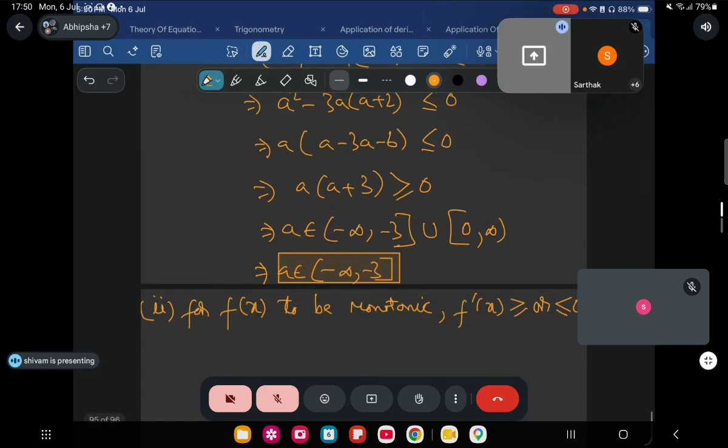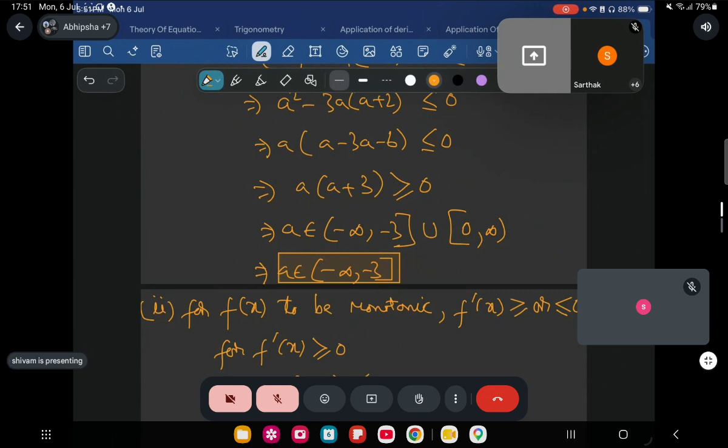For f dash x less than or equal to 0, we have already got minus infinity comma minus 3. For f dash x to be greater than or equal to 0, a into a plus 3 must be less than or equal to 0.